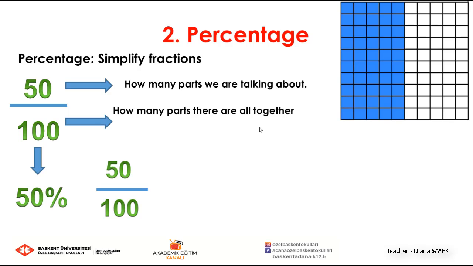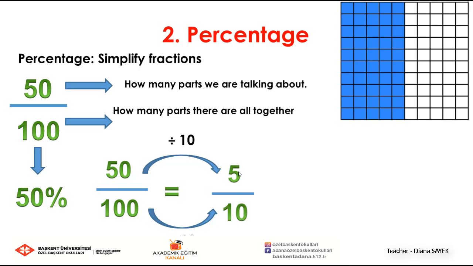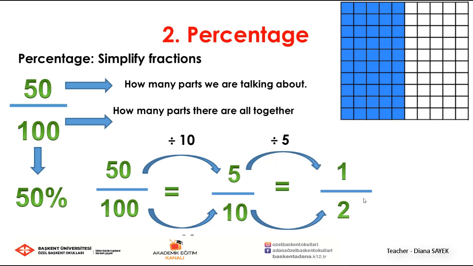We can also simplify this fraction by dividing the top and bottom by 10, which equals 5. And then we can notice that 10 is divisible by 5, so we can divide one more time by 5 to simplify our fraction, and we get 1/2, and we know that 1/2 is the same as 50%.